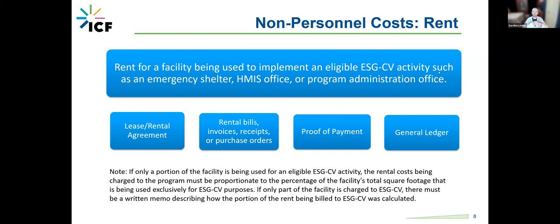If only part of the facility is charged to ESG CV, there must be a written memo describing how the portion of the rent being billed to ESG CV was calculated. I cannot emphasize enough the value of that memo. Notes to file are your absolute best friend when a portion of a cost, such as rent for a facility, is being charged to the grant, but not the whole cost itself. Over to you, Mike.